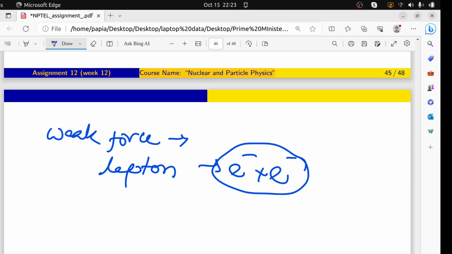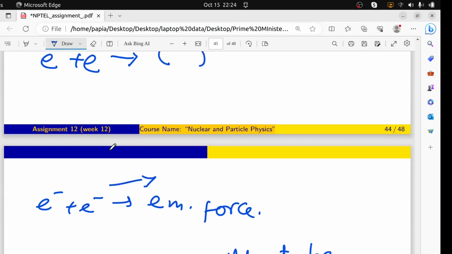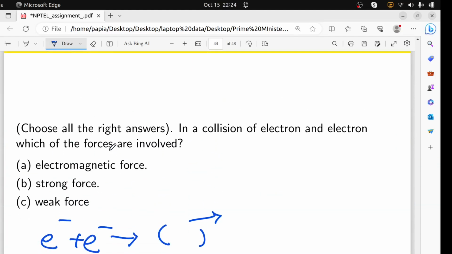As the neutrino is also present here, weak force is always there. So for the E minus collision, electromagnetic force is there and weak force is there. There is no strong force. Okay, so the answer will be A and C.